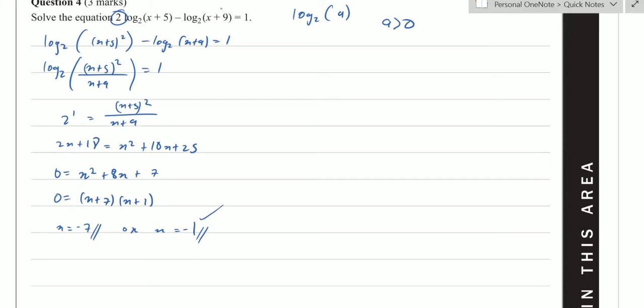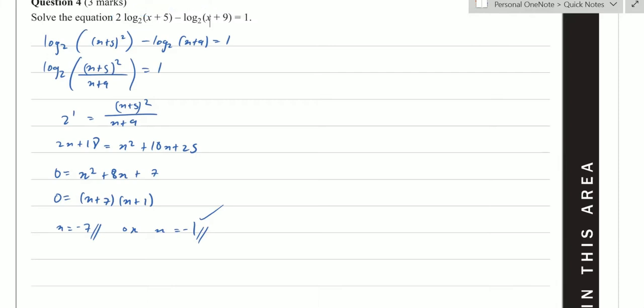But if you put -7 into here, you get 2 and -2. So the 2 works, the 2 is fine. But you can't put it into here because you won't fulfill the conditions of the log without the modulus sign. You might think technically you absorb the 2, so you square it, so anything negative becomes positive.